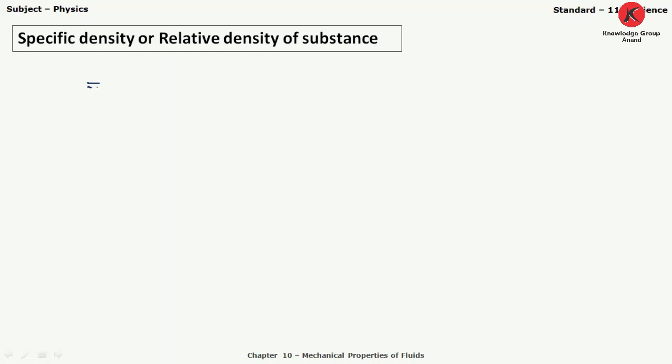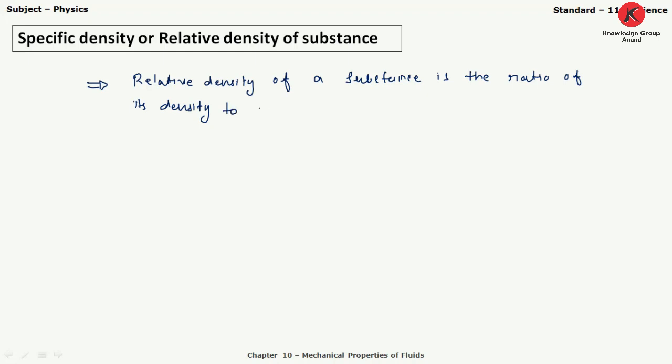So here I am writing the specific density or relative density, whatever you want to write: the relative density of a substance is the ratio of its density to the density of water at 4 degree centigrade.